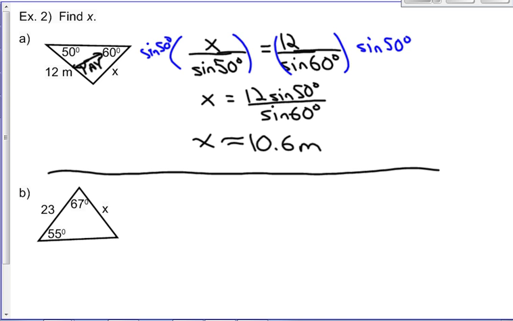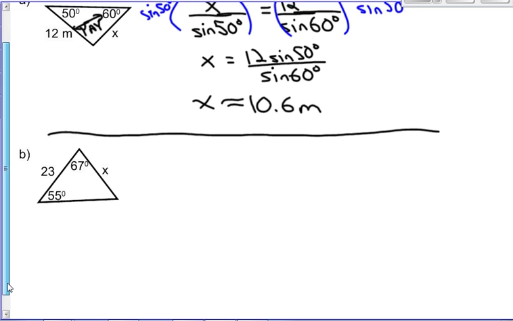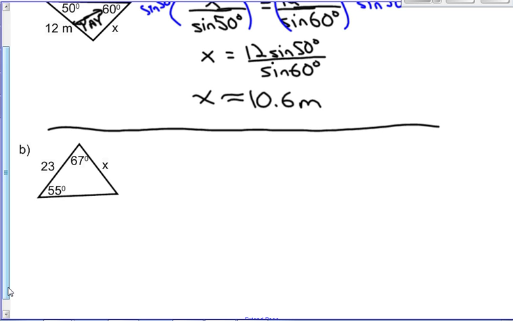Okay, the next one does not look good. Let's look at this. We know two angles. We don't really know two sides and an included angle. It doesn't look like we can do either sine or cosine law. But on the last slide, we said we use sine law if we know or can easily find a pair. That means a side and its opposite angle.